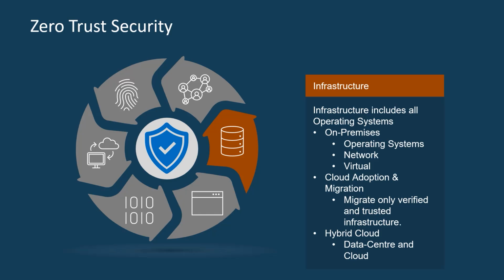Finally, penultimately rather, in your infrastructure environment, we need to look at things like the operating systems. These could be on-premise operating systems, your network operating systems, your virtual environments, and then also finally, if you decide to go to a cloud environment, we've got a cloud adoption and migration policy we need to go to. But very important here is before we go to a cloud environment, we can only migrate verified and trusted infrastructure.